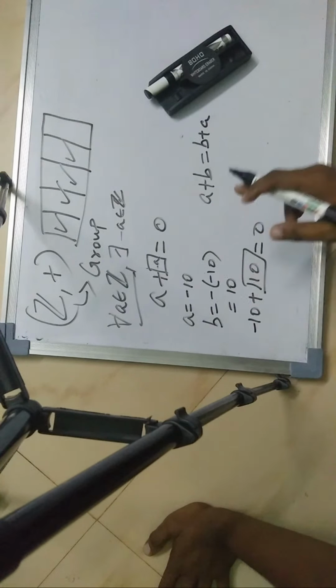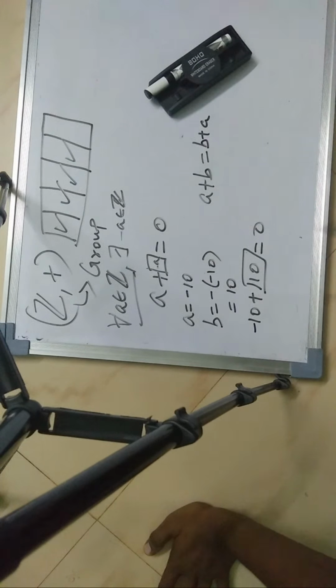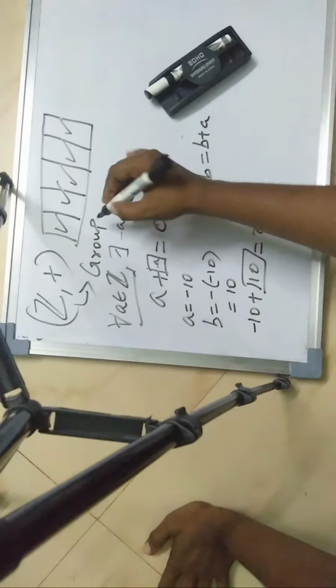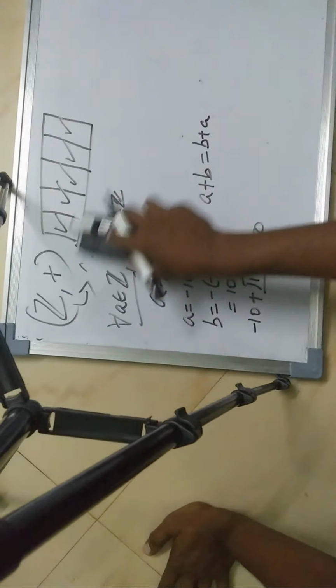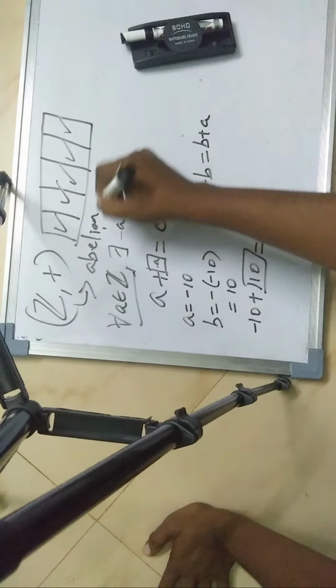So this is actually a property of the binary operation, and hence the commutative axiom is satisfied, and hence this is not just a group. Integers under addition is an abelian group.